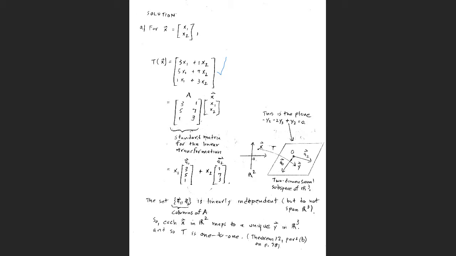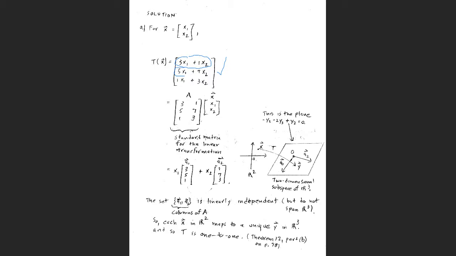Okay, x1 is getting mapped to 3x1 plus 1x2. x2 is getting mapped... well, hold on, I want to be careful here. Scratch that comment.